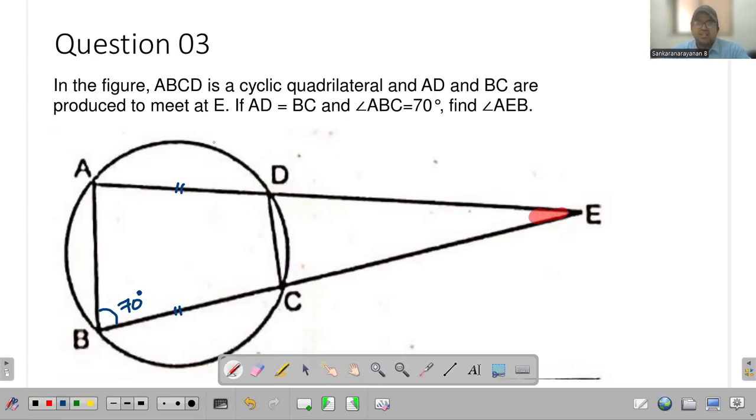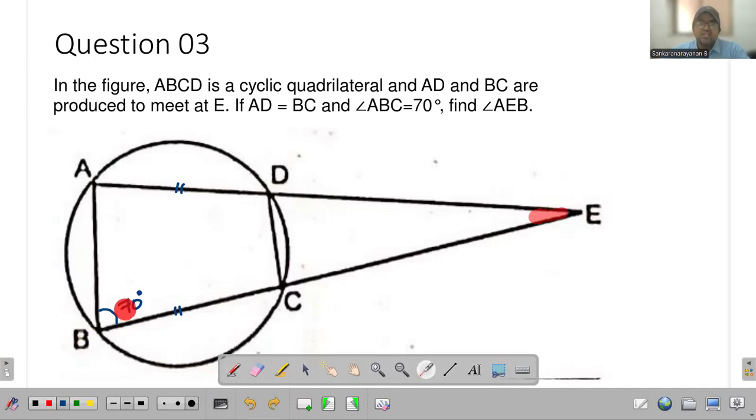Okay, so let's consider that ABCD is given to be a cyclic quadrilateral. For a cyclic quadrilateral, the external angle is equal to the remote interior angle. We have a result that way. I can use that and say that this external angle here will be equal to 70 degrees. Or I can consider that in a cyclic quadrilateral, opposite angles are supplementary, right?